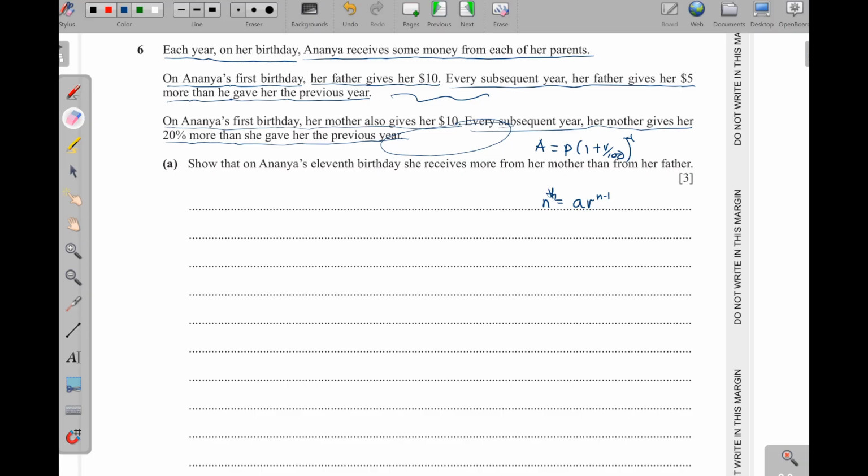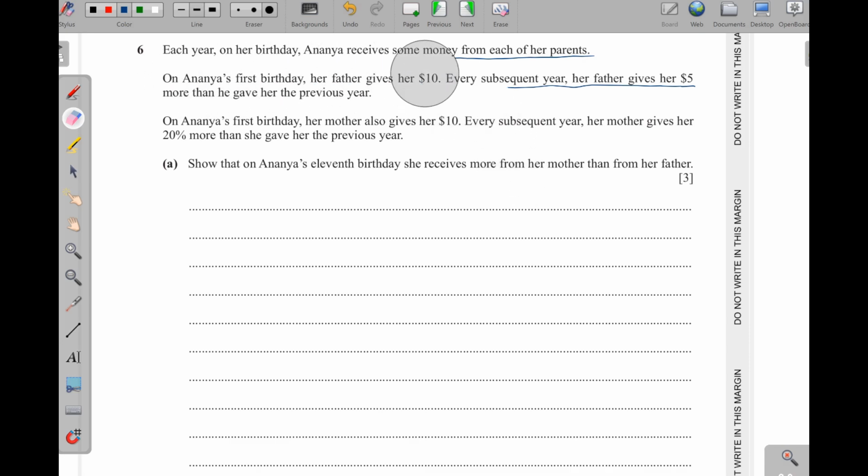So based on what she receives from the mother, that's a GP, and what she receives from the father, that is an AP.